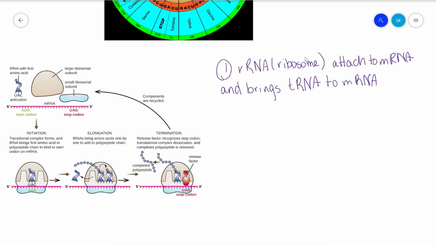Now, how does it know where to start? That is a good question. So you have this big long mRNA, but we know it has a poly A tail and a 5' cap. And so how does it know where to start? Okay, there is such a thing as a start codon. So mRNA has a start codon, which is AUG.